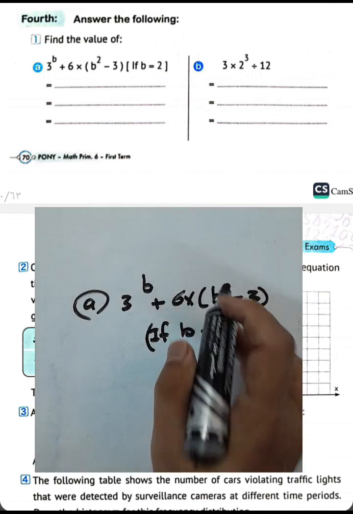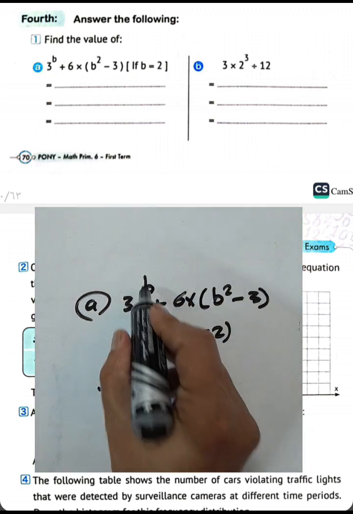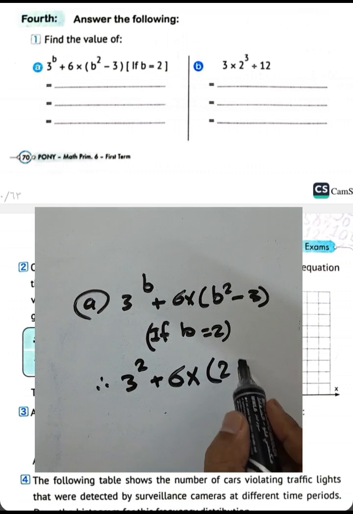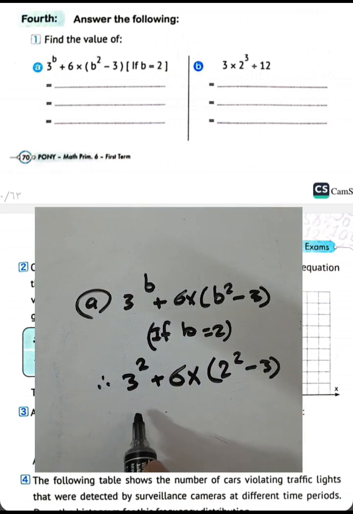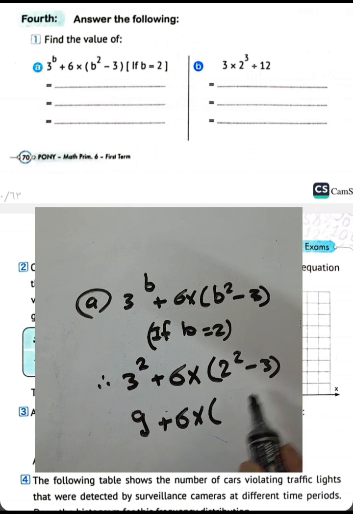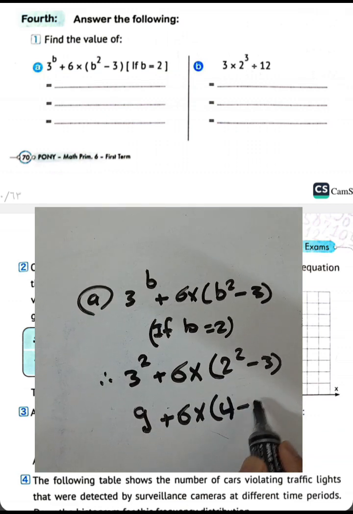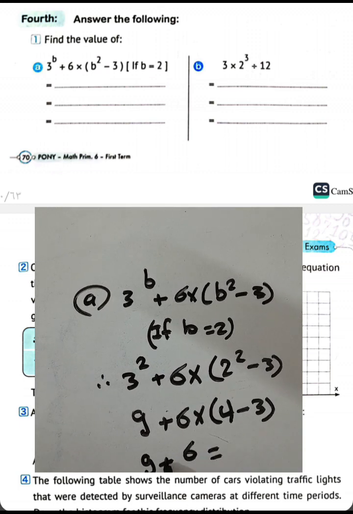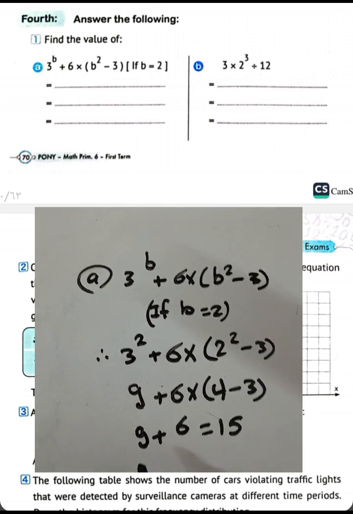Put p equal to 2, then the expression will be 3 power 2 plus 6 times (2 power 2 minus 3). 3 power 2 equals 9, plus 6 times the difference between 4 and 3. 4 minus 3 equals 1. Then 9 plus 6 times 1 equals 6, so 9 plus 6 will be 15. The result here will be 15.